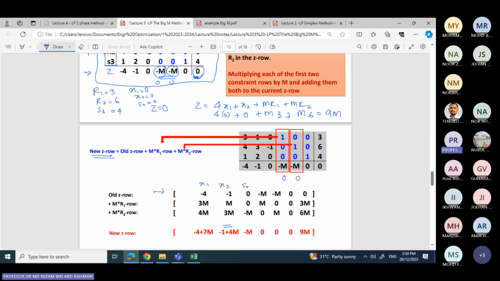This is S2, this is R1, this is R2, this is S3. This is the solution. So if you look at this, R1 and R2 become 0 now. Any questions on this?